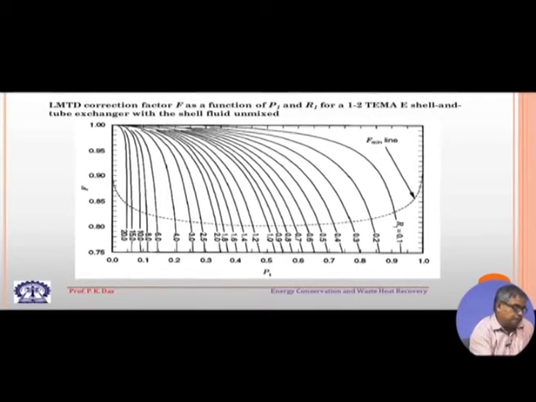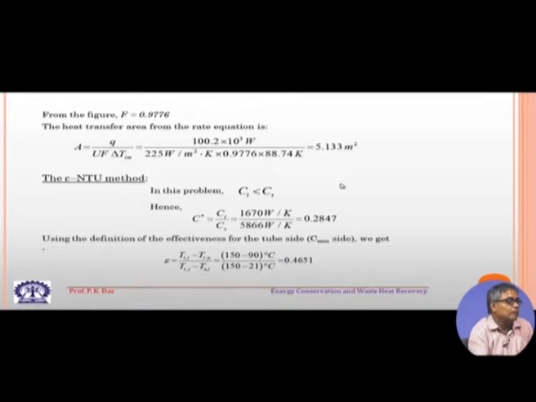So, the surface area A is equal to Q by U times F, the correction factor, times delta T Lm.